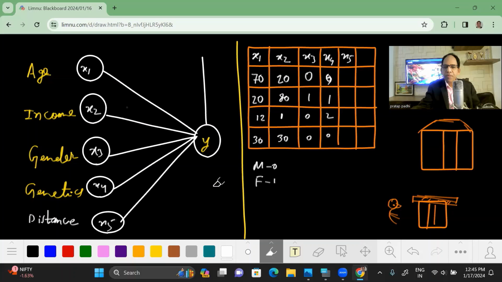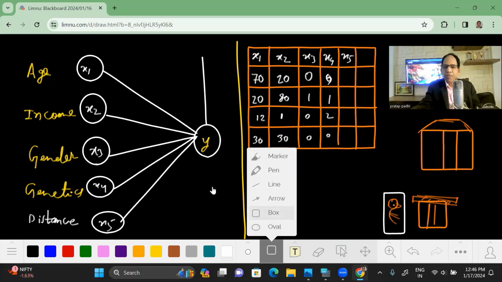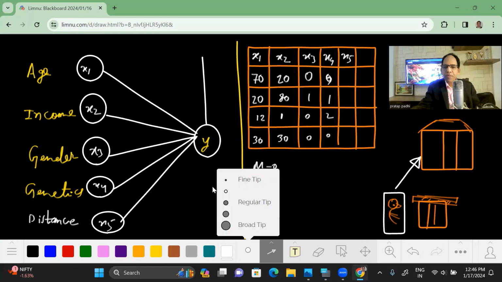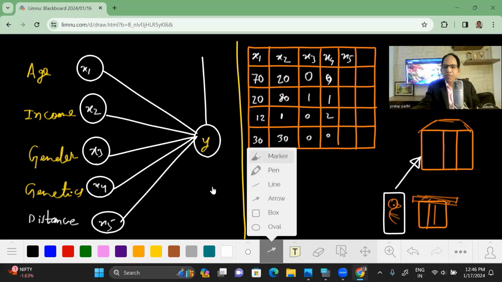Now what will happen? Distance from this house, wherever this guy stays, from this one, whether this guy will be admitted in this hospital or not, that is the question. So the distance matters here, okay? So according to the distance, the decision will be taken.